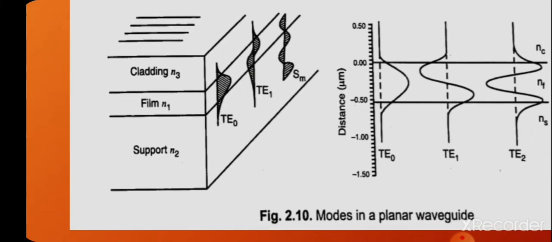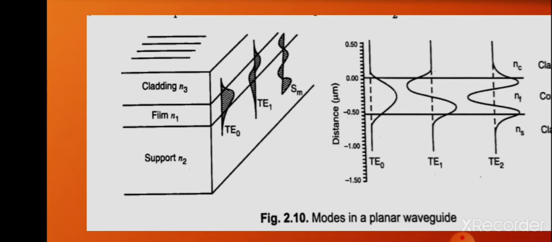So in that figure we can see that there are three lines that are mutually perpendicular. One is the x direction, one is the y direction, and one is the z direction. And a plane layer which is infinite in extent in the lateral y and z directions. Okay, you should understand the z and y directions from the figure, and it is bounded in the x direction.